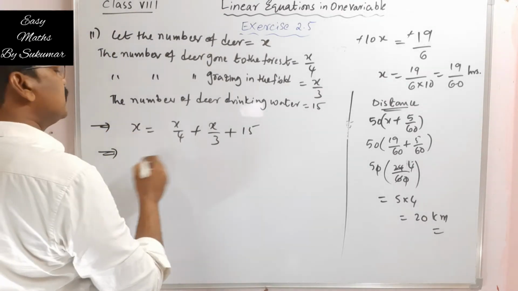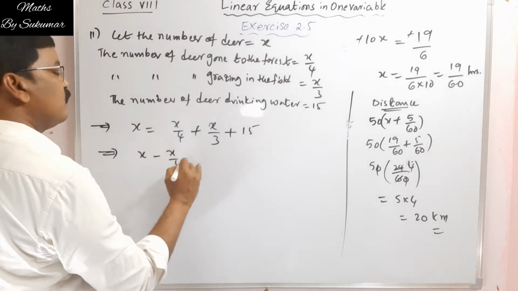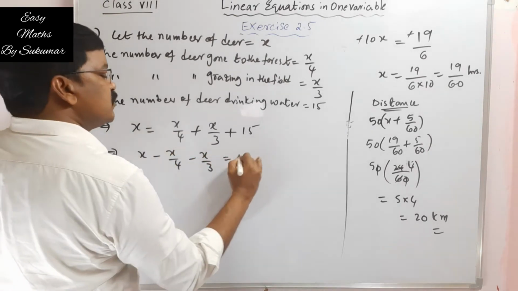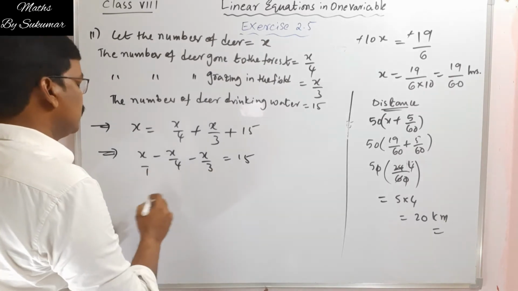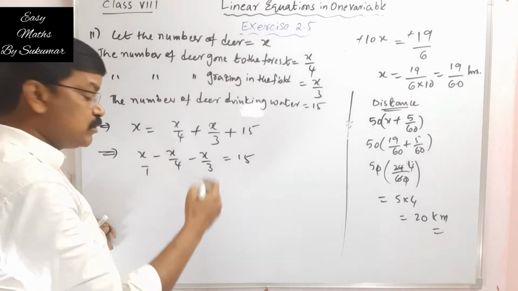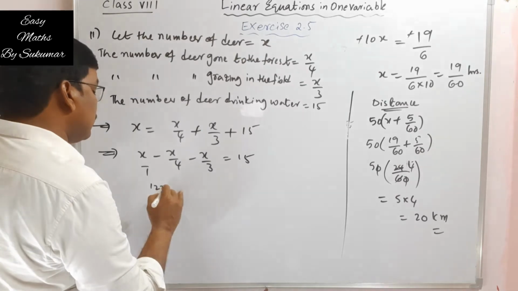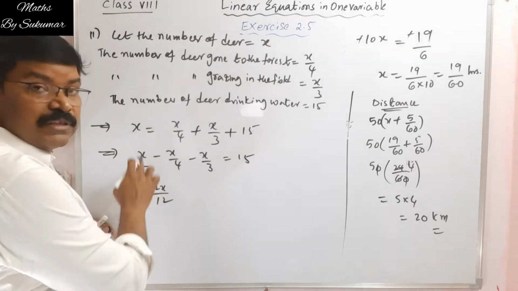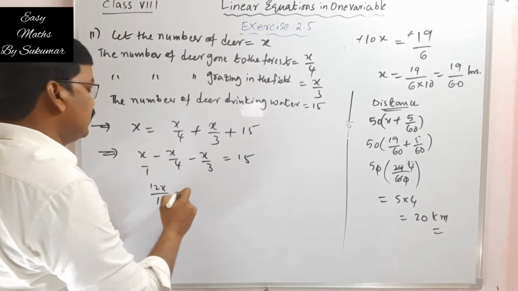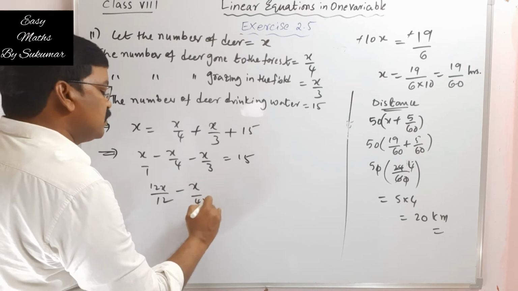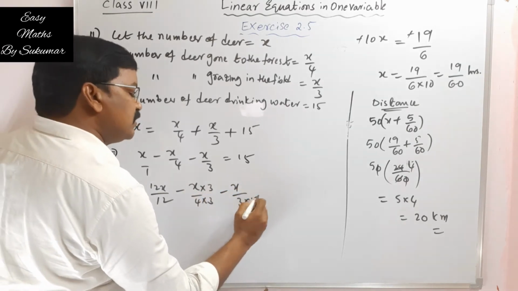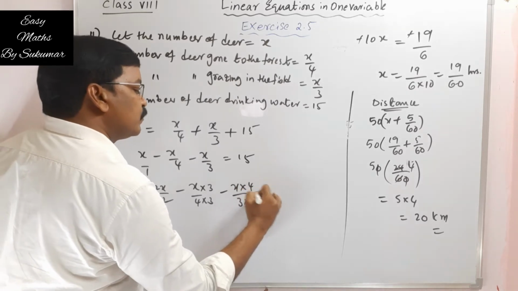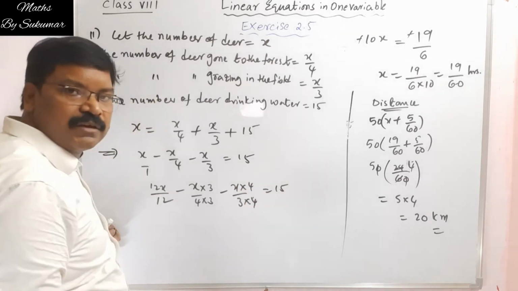So my dear students, let us transpose: x minus x by 4 minus x by 3 is equal to 15. Here the LCM is 12. So what should I do here? Multiply 12 with x. To get 12 here, let us multiply with 3, and to get 12 here, let us multiply with 4, and it is equal to 15.